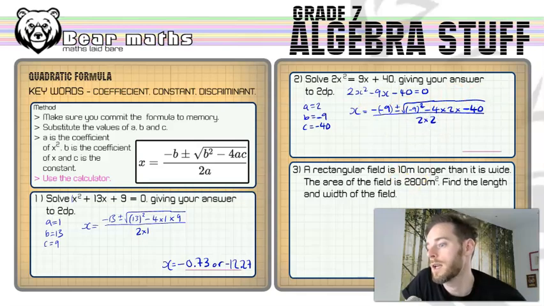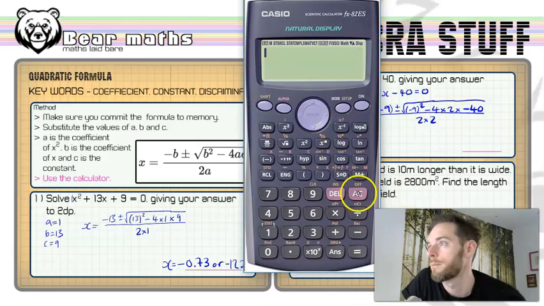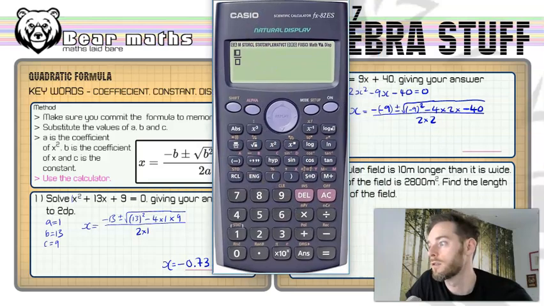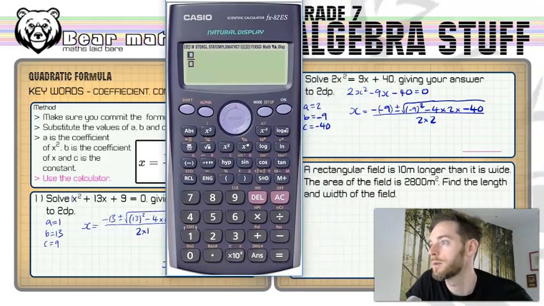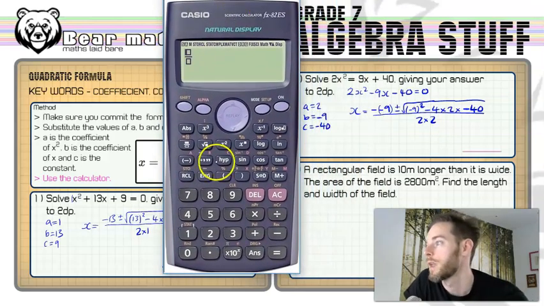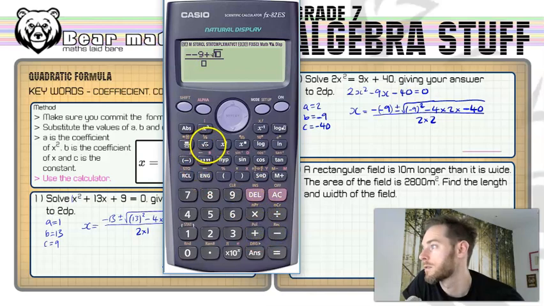Okay, so let's get our calculator back in to work this out for us. There it is. And press the fraction button and slightly move it over so we can see what we're doing here with the values. So minus 9 plus square root of brackets minus 9 squared.